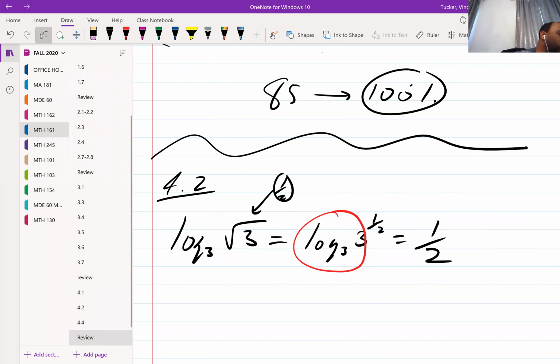Anybody else? All right, so next class we will knock out 4.4. And if I'm not mistaken, that is it as far as chapter 4 is concerned. Let me take a look, make sure.